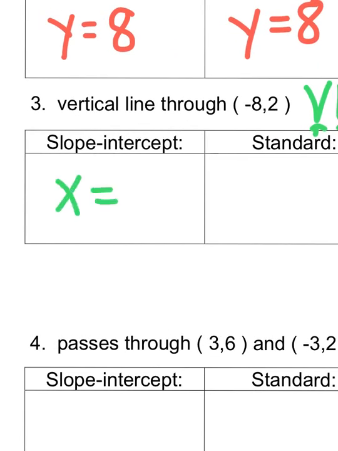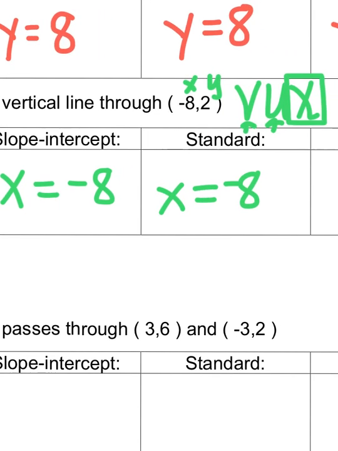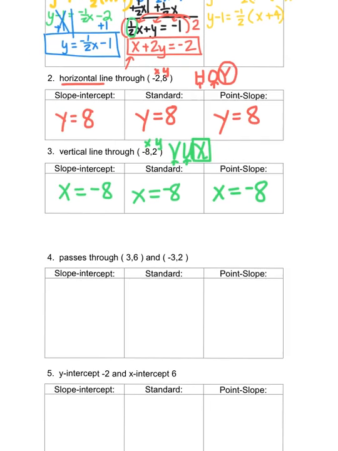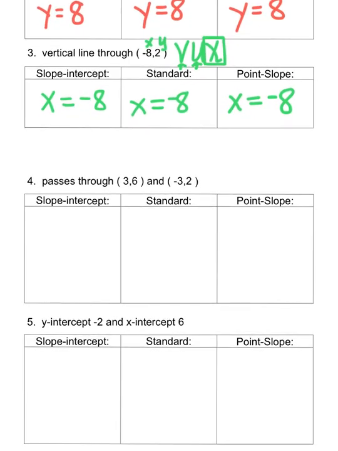Let's go back to our point given. x equals -8. And we gotta love these. This is so easy. So on each of these forms, we're going to simply put x equals -8 for this special case.